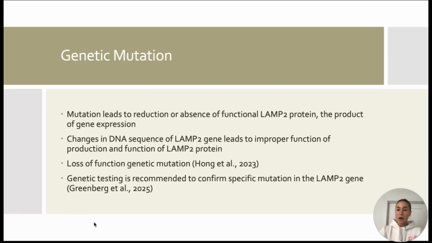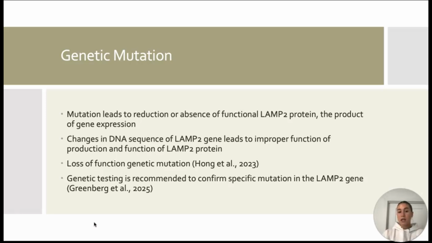So let's talk about how this is a genetic mutation. So the mutation leads to reduction or absence of functional LAMP2 protein, and that protein is the product of the LAMP2 gene expression. So changes in the DNA sequence of the LAMP2 gene lead to improper production and function of LAMP2 protein.